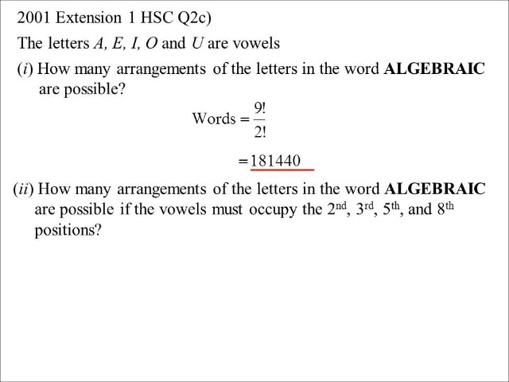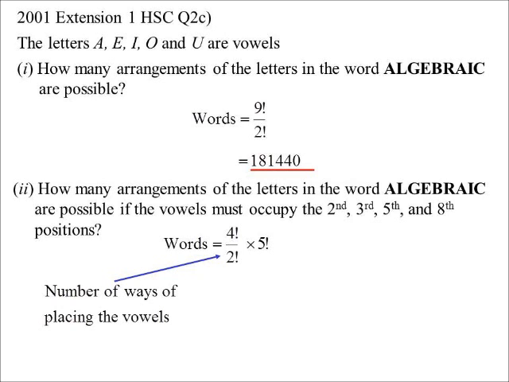The second condition was, we're now going to arrange them, but the vowels have to occupy the second, the third, the fifth, and the eighth positions. So first thing to do, look after our conditions. The vowels, there are 4 vowels, we'll arrange those, 4 factorial, but 2 of the vowels are the same. Got 2 A's, so divide by 2 factorial.